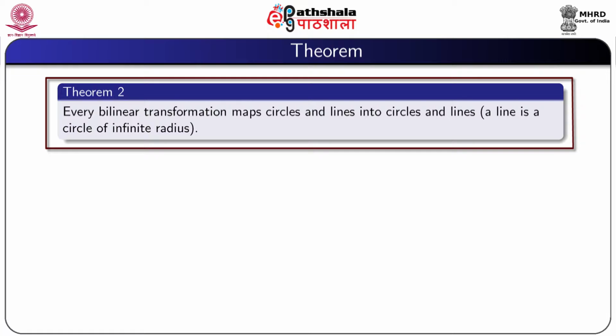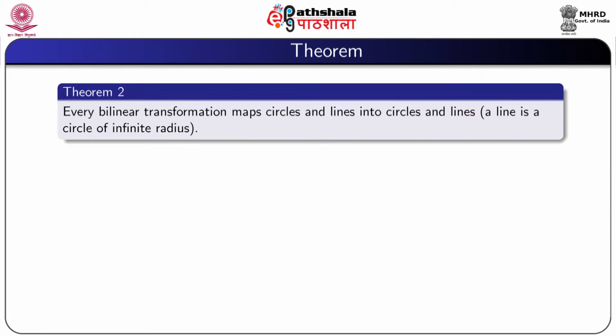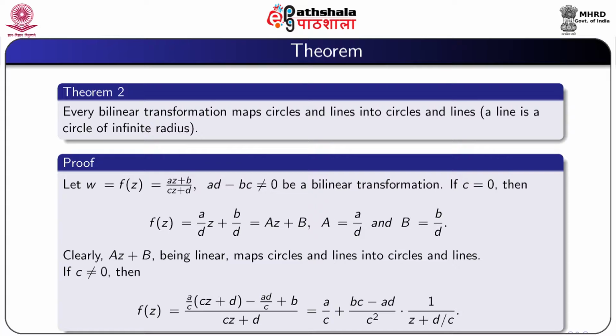We now prove a result. Every bilinear transformation maps circles and lines into circles and lines, where a line is a circle of infinite radius. Proof: let W equal to F of z equal to Az plus B by Cz plus D, AD minus BC not equal to 0, be a bilinear transformation.